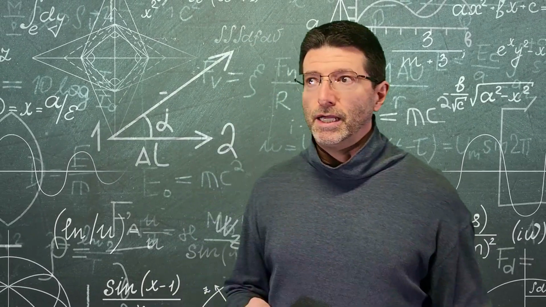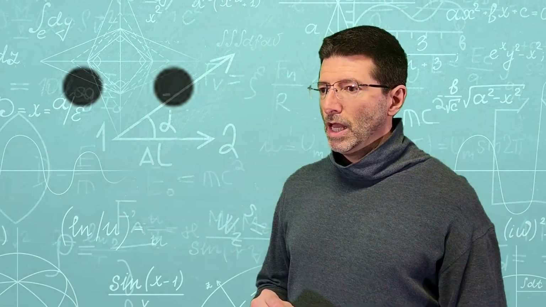When you say, I've got two objects, well, how do you write that down? How do you represent that to somebody? How do you communicate that to somebody if they're not there to visually see those two objects?